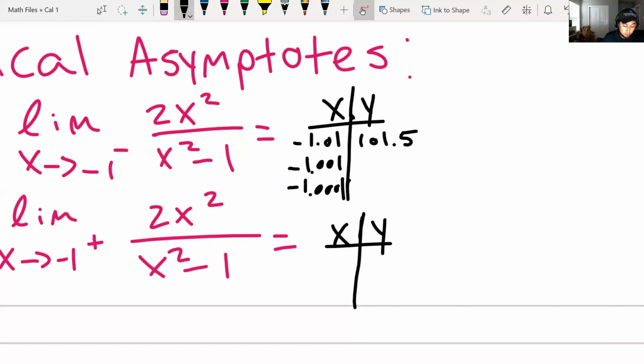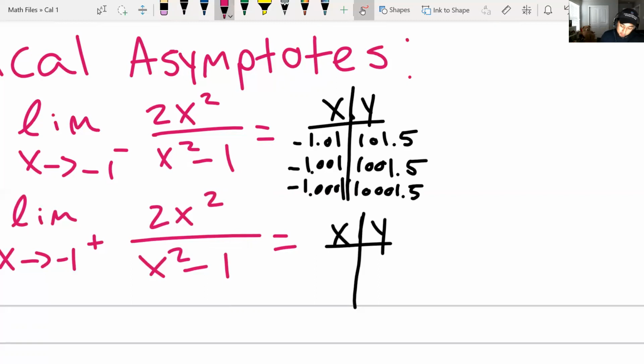And then -1.001 gives me 1001.5. And then -1.0001 gives me 10,001.5.